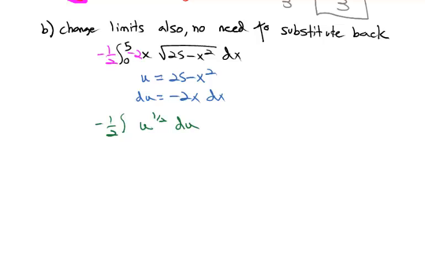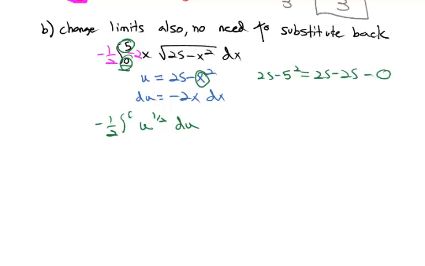But now we can also take our limits and plug these limits of 0 and 5 into the u equation to find out what our new u limits are. So the top one, when we plug 5 in, we have 25 minus 5 squared, which is 25 minus 25, which is 0.